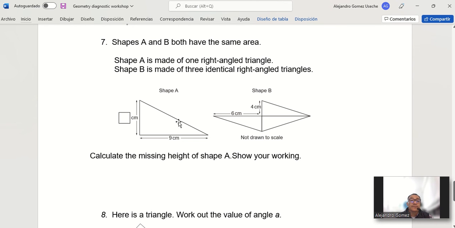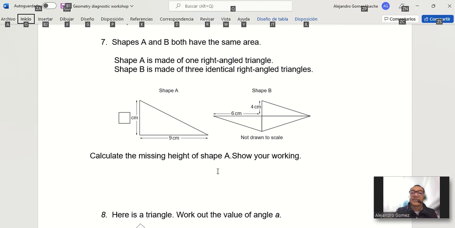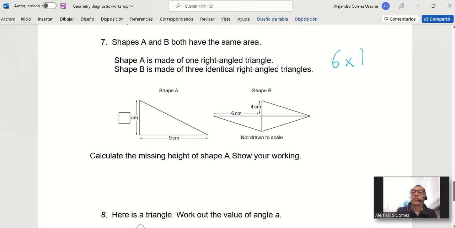Now, it says the area. Let's work it out once again. Just in case you don't remember, we want to say this is 6 by 4. So you say 6 times 4 equals 24, right? Now you say 24 is the area.